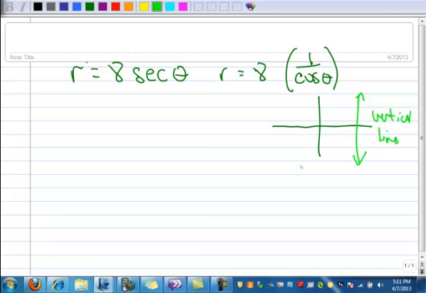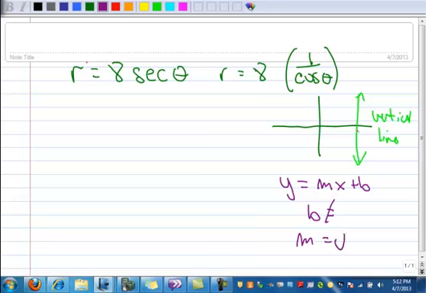and you will recall that for lines we use y equals mx plus b, and this isn't going to work for this equation because there is no b. It looks like a vertical line, so there's no y-intercept, and the slope, well, that's a vertical line, so that's undefined, so that doesn't work.